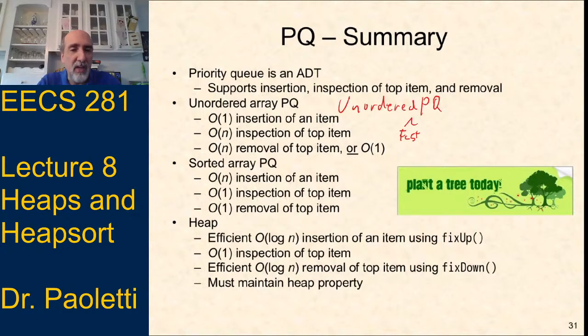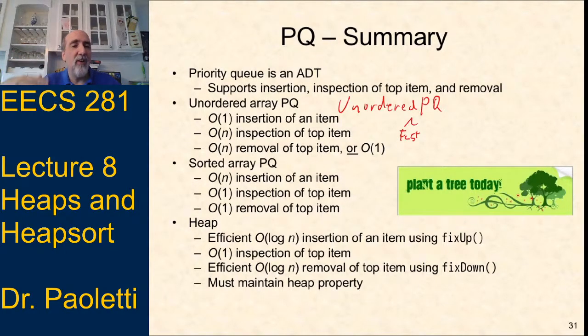Okay, so sorted PQ. Sorted PQ says insertion of an item is slow because it only takes us log n time to figure out where it should go, but to move everybody else in the vector over by 1 takes O of n time. So it's O of n to insert, O of 1 to inspect, O of 1 to remove. Now if you think about the lifetime of an item, items get pushed into a PQ and then eventually they get popped.